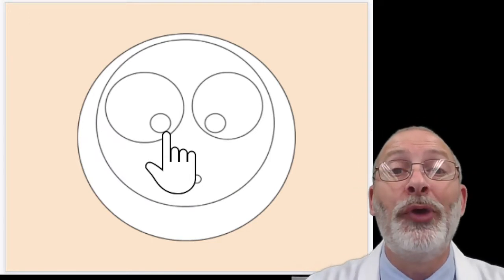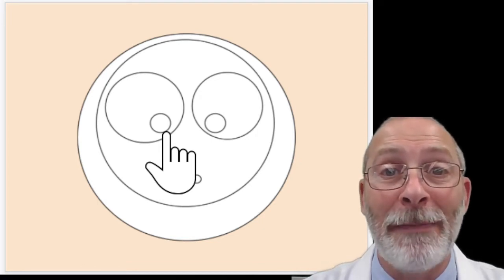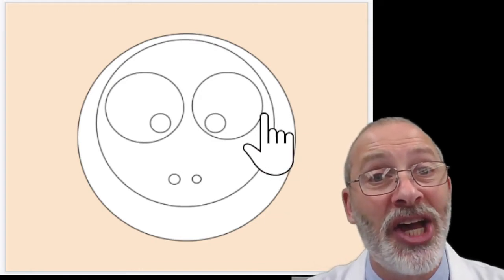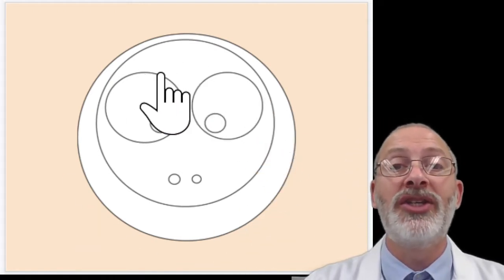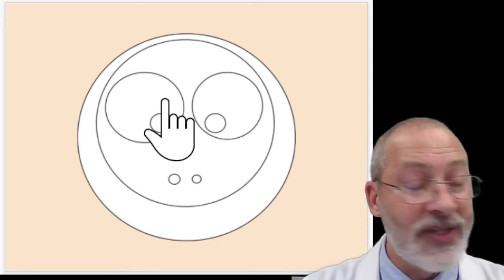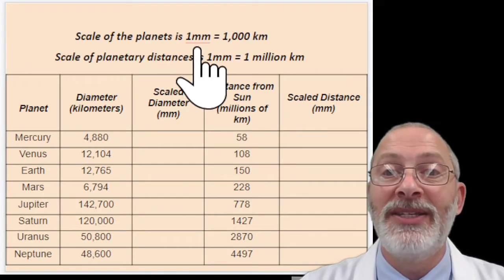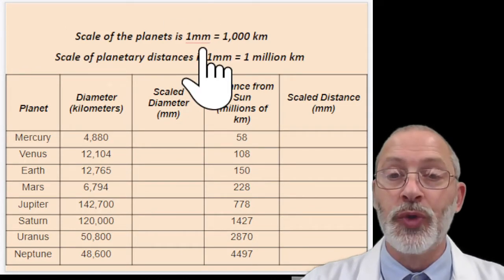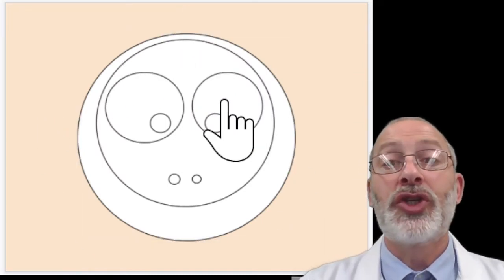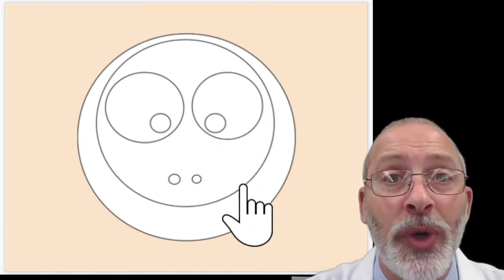I have already pre-measured them for you, and you're going to be using some scrap paper to trace the outlines of these planets and cut out the planets according to the scale in the book, which is, as I mentioned in the previous slide, 1 millimeter equals 1,000 kilometers. So you can measure these circles here and determine which circle represents which planet.